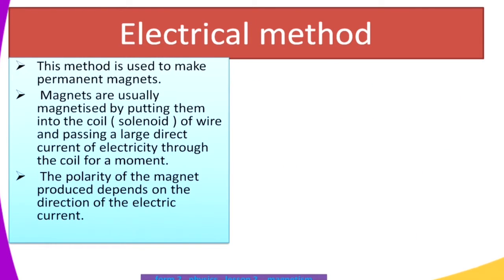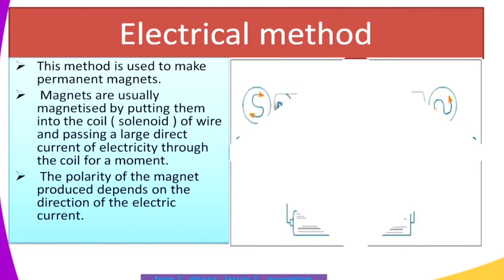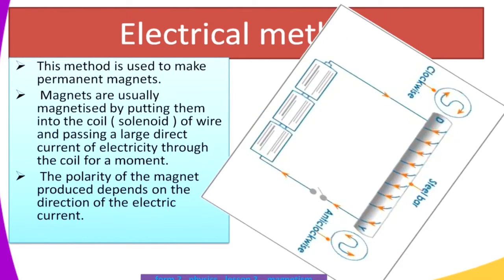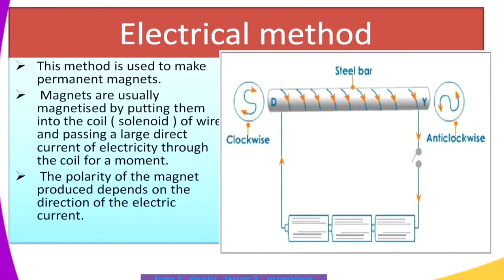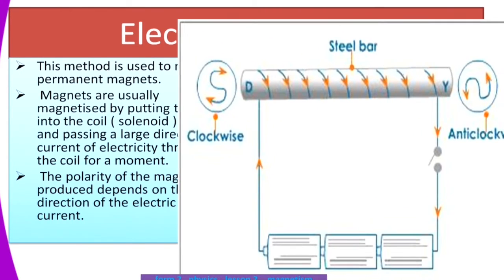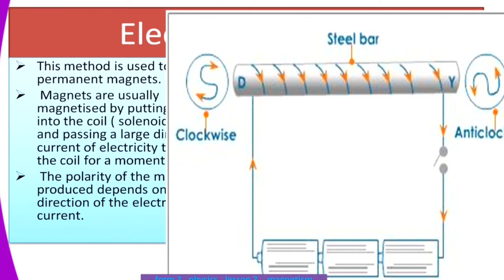So this diagram can help you explain the observation that we made in the lab. So D is the south pole, and the other end here is the north pole because the current is flowing in anticlockwise and clockwise directions.